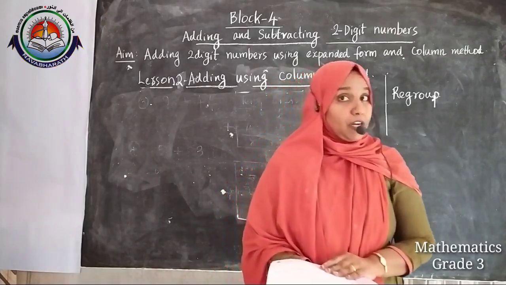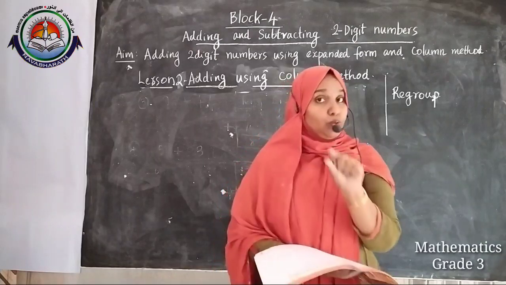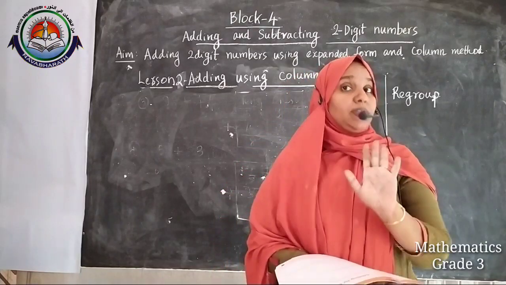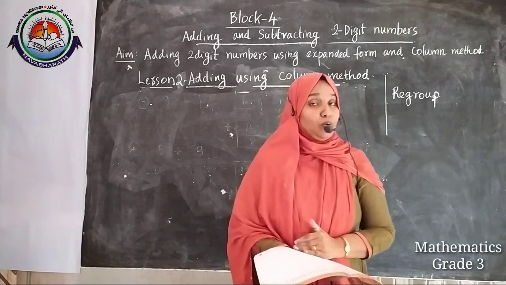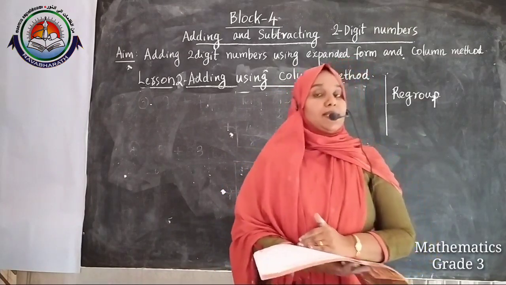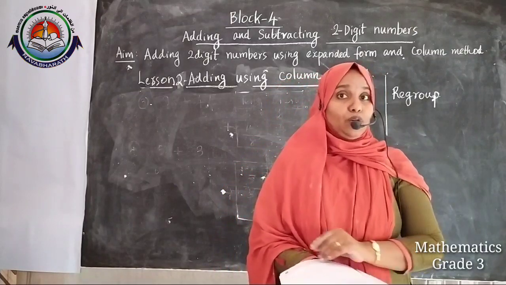Add using expanded form. It is asked specifically how to add. So you add the numbers: 22 is written as 20 plus 2, and 17 is 10 plus 7. Okay. Can you do it?